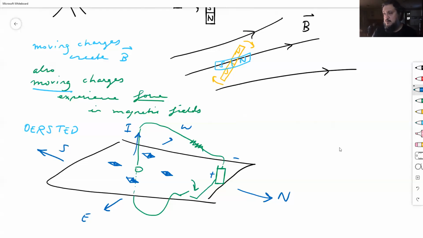What Oersted observed was this compass did not change its position. And this one suddenly flipped 180 degrees, as if south and north were swapped all of a sudden. But he didn't observe it on this one. And this compass here rotated 90 degrees, came like this.